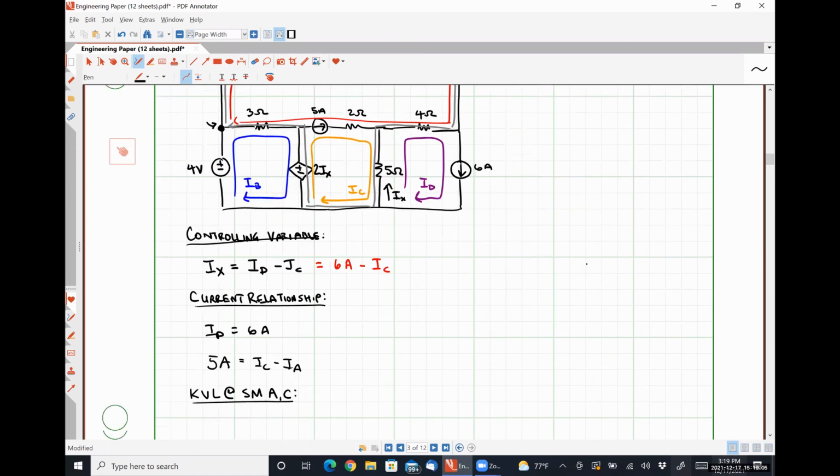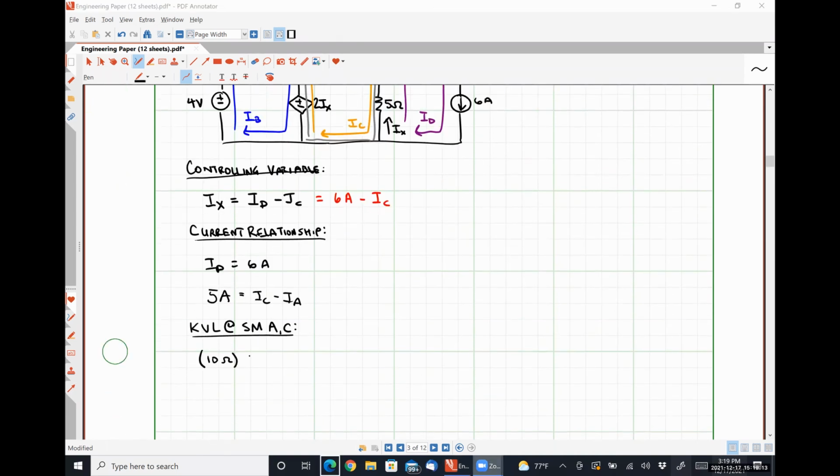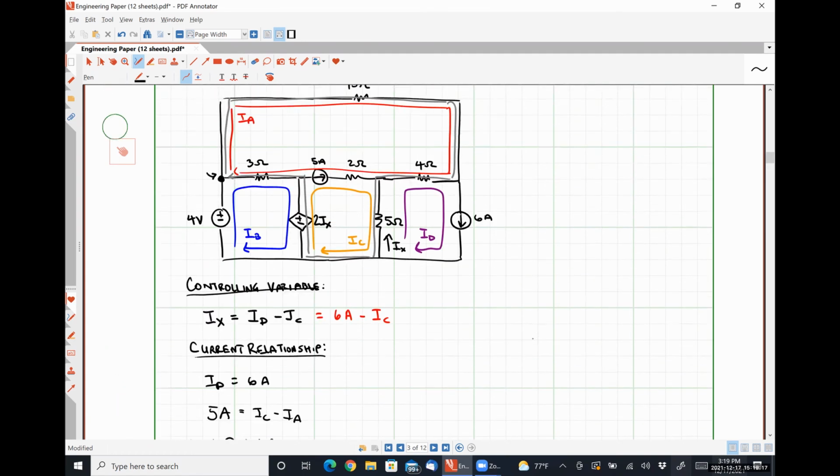The 10 ohm resistor, right? What current flows through the 10 ohm resistor? IA. Jessica, what do I see next?